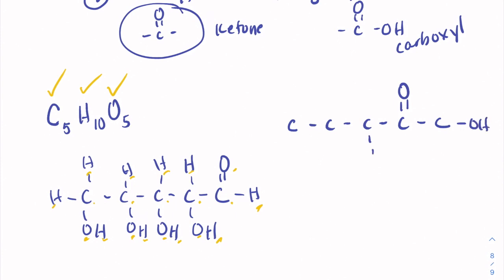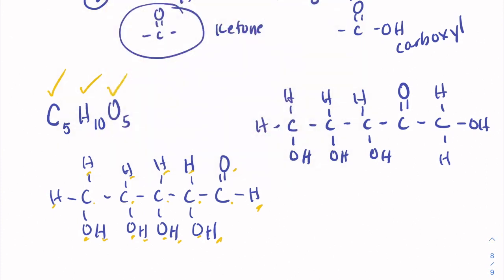And I'll put the alcohol groups hanging off this way. The rest will be hydrogens. Maybe something like that. Okay, let's see. So I've got 5 carbons. Oxygens. 1, 2, 3, 4, 5. Got those. We're good there.